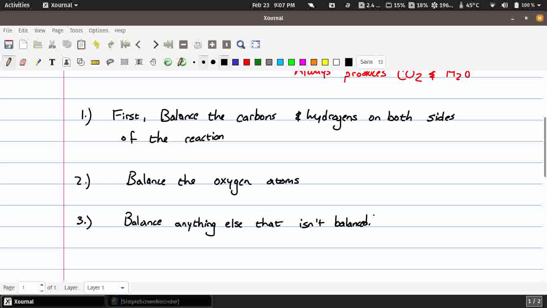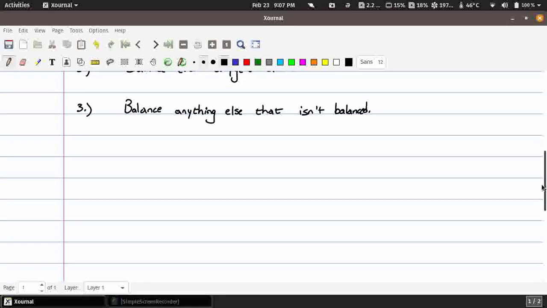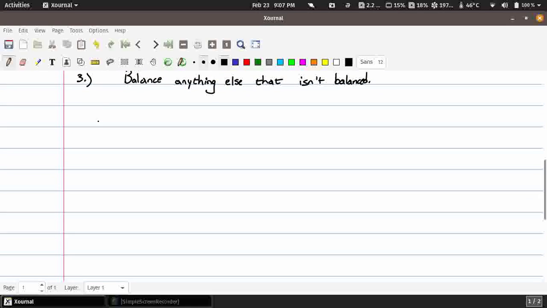Okay, so now that we have these 3 steps, I'm going to show you an example with propane. We're going to work through this together, and then I'm going to give you another example that you can try on your own. And then I'll tell you to pause the video, unpause it, and then we'll go over the answer.